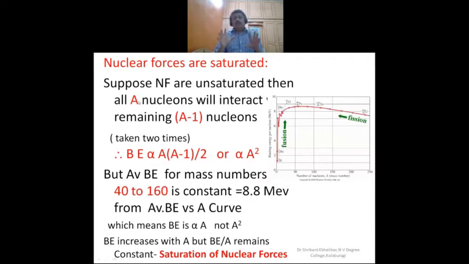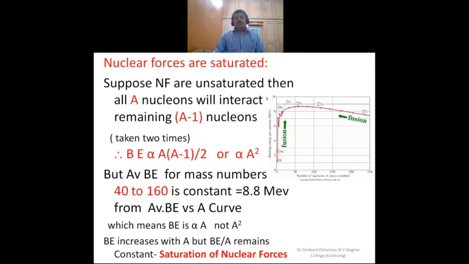If the nuclear force is unsaturated, then what kind of interaction will there be among all A nucleons inside the nucleus? There will be an interaction of A with A minus 1, that is 1 to 2, 1 to 3, 3 to 4, 4 to 5, like this.